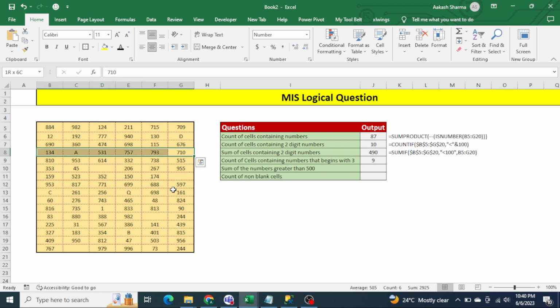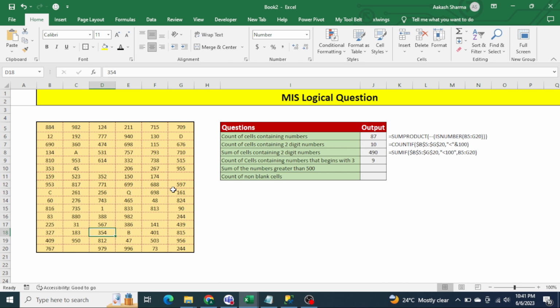Then 2 in E9, 3 in B10, 4 in D11, then 5, 6, 7, 8, and 9.